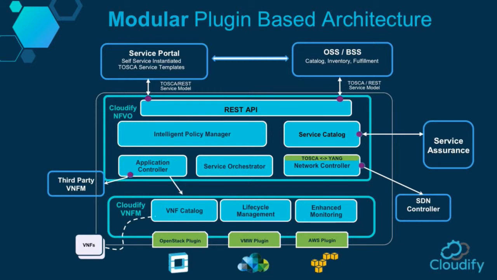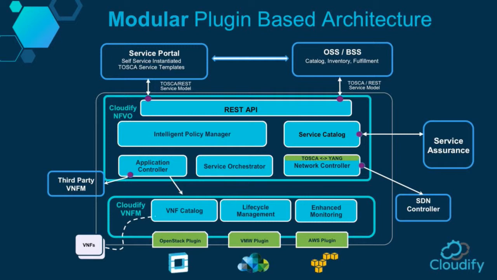Each little purple dot you see on this drawing actually stands for a plugin towards external components that the product can integrate with. So if we're talking about a third-party VNF manager, for example, this is something that we can integrate with via another plugin. SDN controller, same thing. Plugins can go that way.